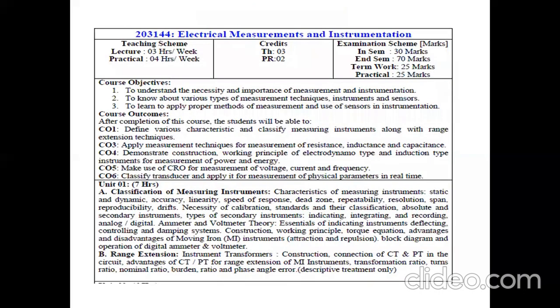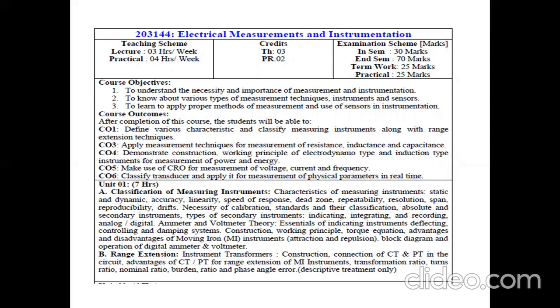That is the syllabus of your first unit. Classification of measuring instruments, their characteristics, static and dynamic characteristics. In that: accuracy, linearity, speed of response, dead zone, repeatability, resolution, span, reproducibility, drift. These are the characteristics of measuring instruments.